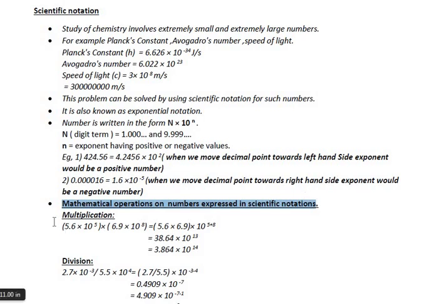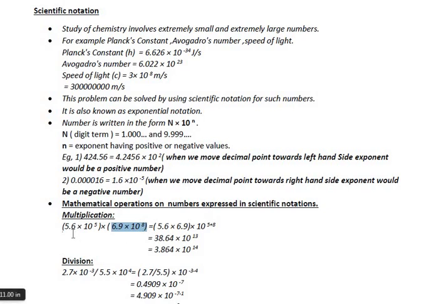Let us start with multiplication. How are we going to multiply two numbers in scientific notation? I have taken the example which is given in the NCERT book so that you are able to understand it better. We have to multiply 5.6 into 10 to the power 5 by 6.9 into 10 to the power 8.